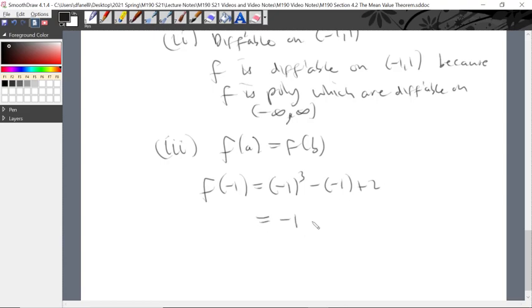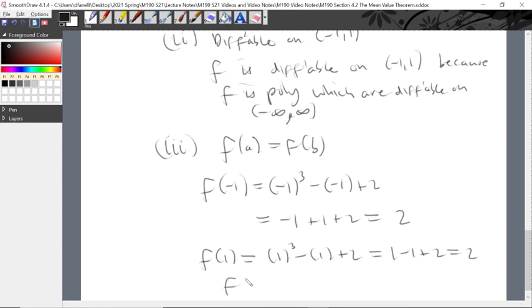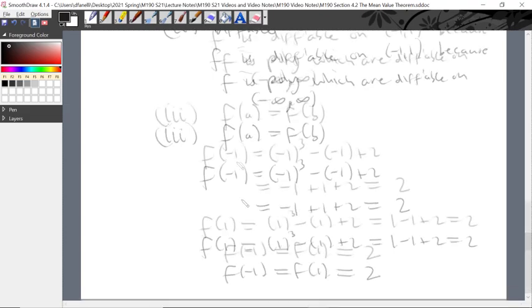What is that equal to? -1 plus 1 plus 2, and that equals 2. And then f of 1 is equal to 1 cubed minus 1 plus 2. That equals 1 minus 1 plus 2, which is equal to 2. So f of -1 is equal to f of 1. They're each equal to 2. So that verifies the third condition for Rolle's theorem.